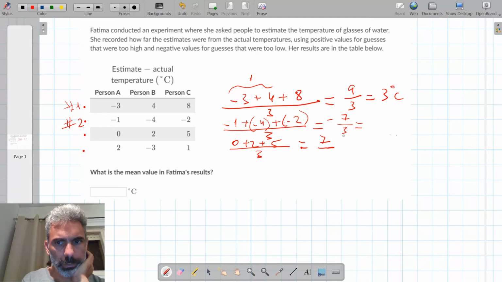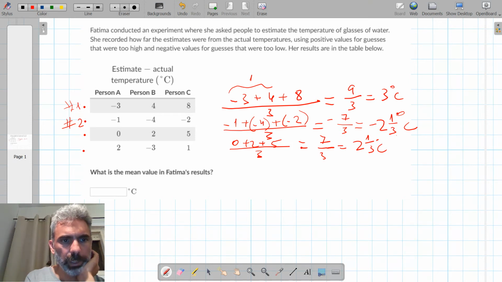So 3 goes into 7 2 times, so this is 2 and 1/3 degrees Celsius.